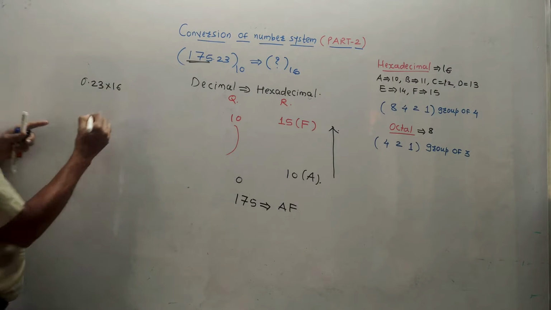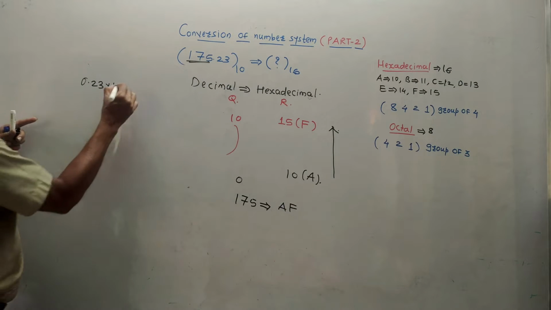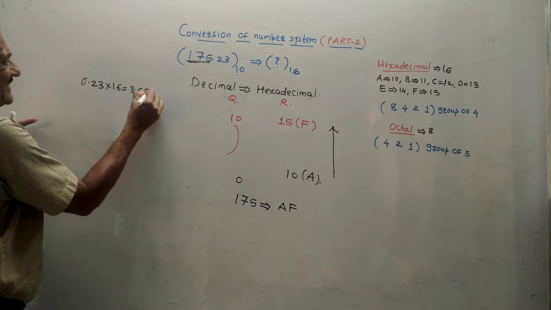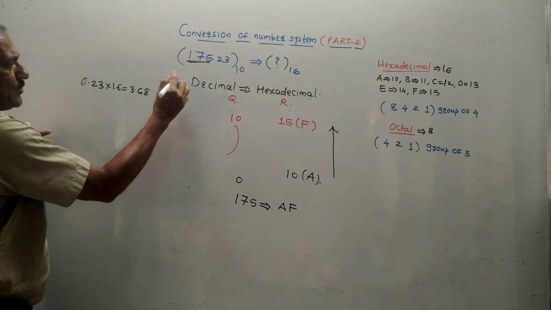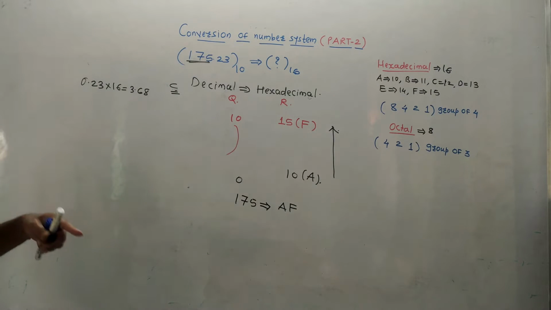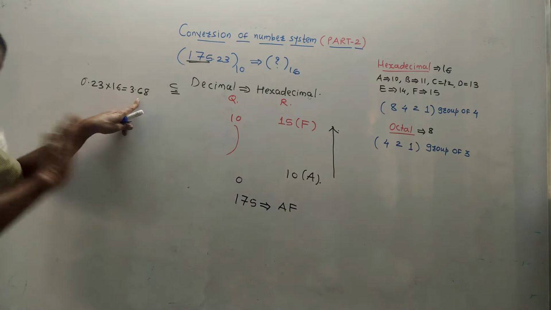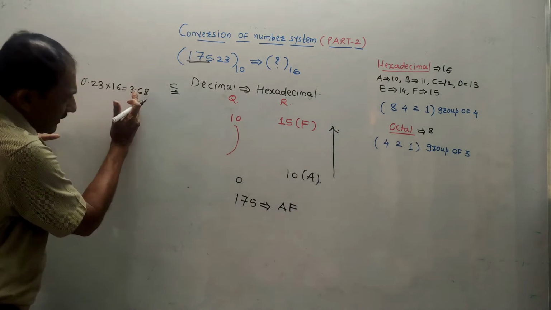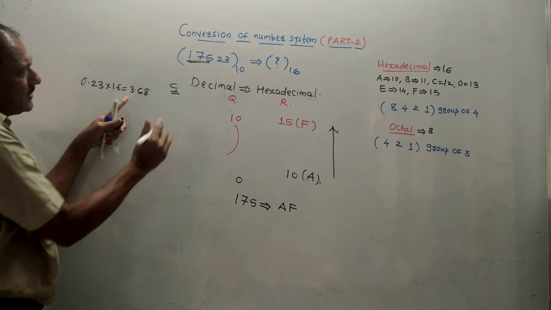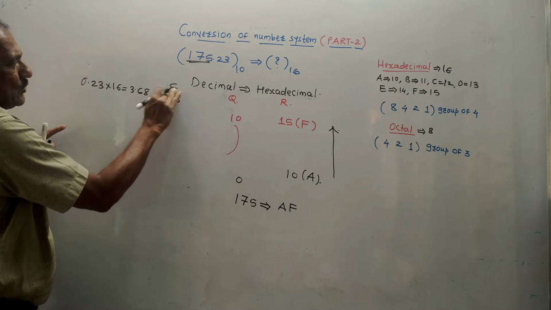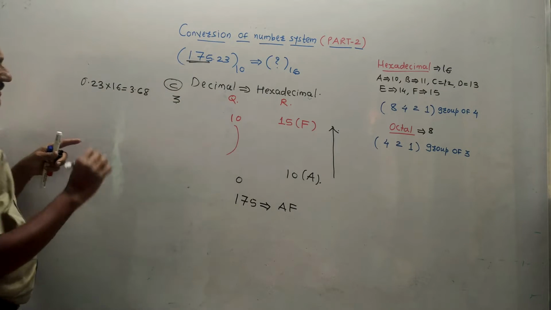So it is 0.23 into 16. The answer is 3.68. You just have to add one column, that is the carry. Carry is the number just before the decimal point. Before the decimal point, I have the integer 3, so carry in this case is 3.